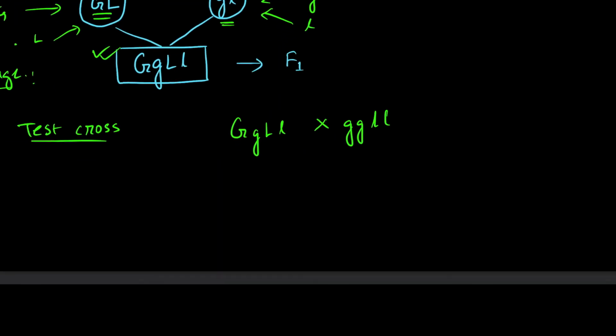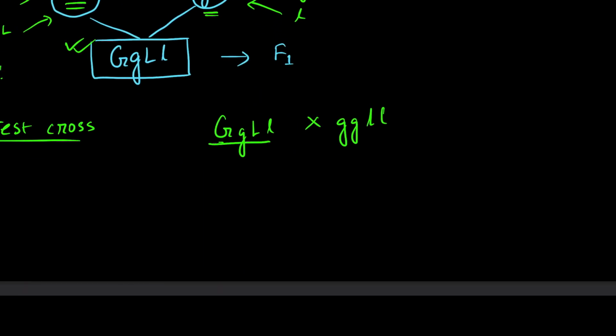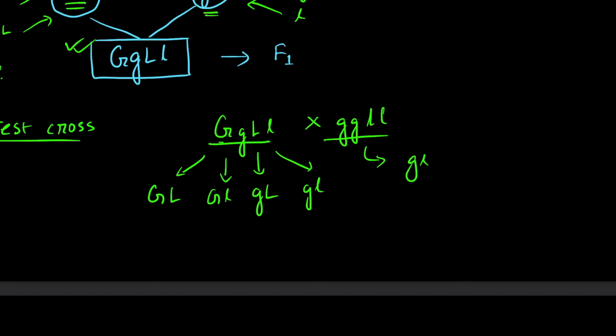So from this, 4 types of gametes can be formed: capital G capital L, capital G small l, small g capital L, and small g small l. And from this, only one type of gamete can be formed, small g and small l. This is a single type of gamete.